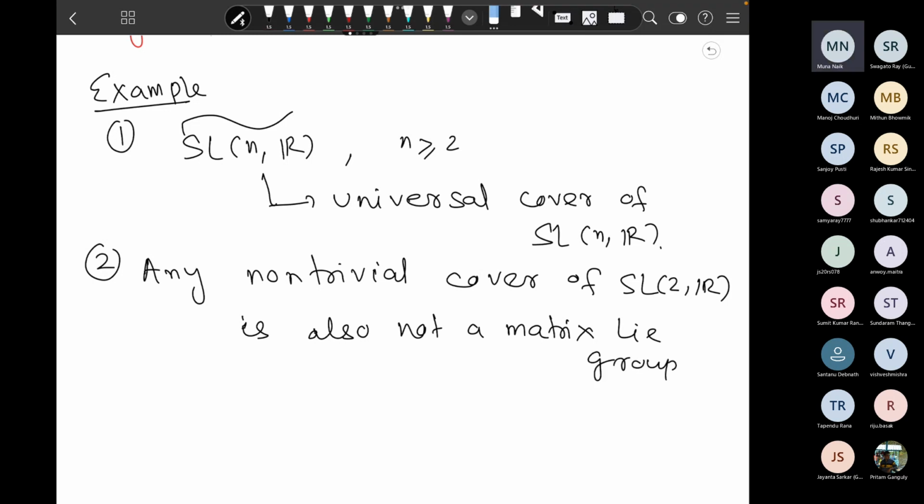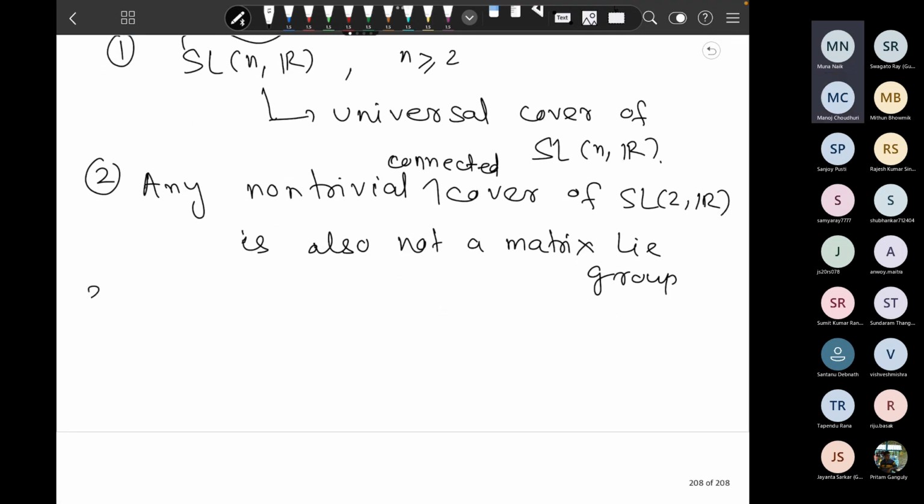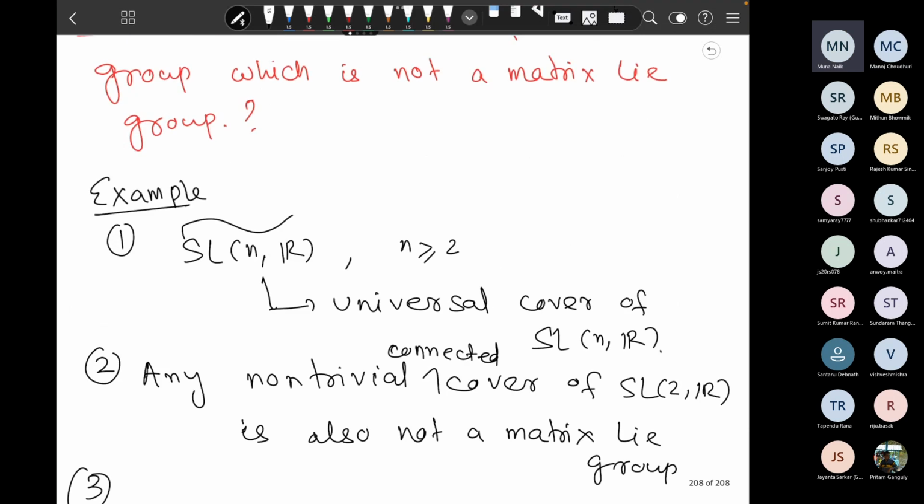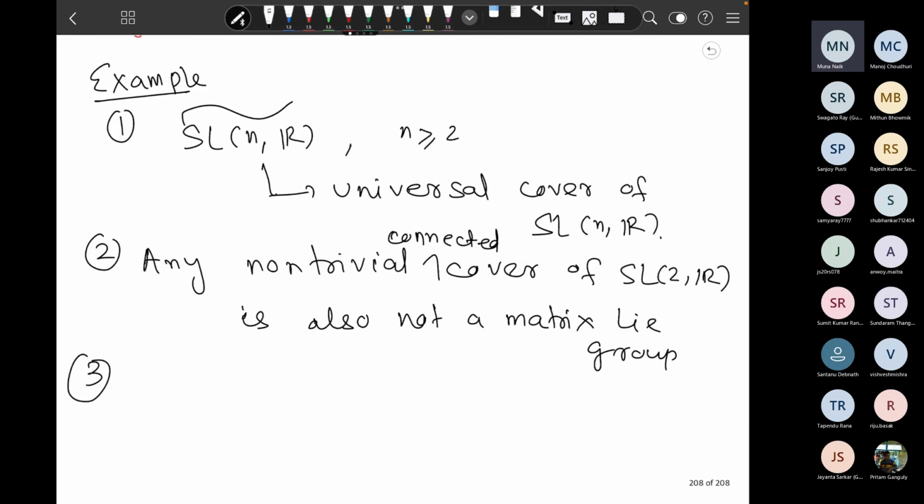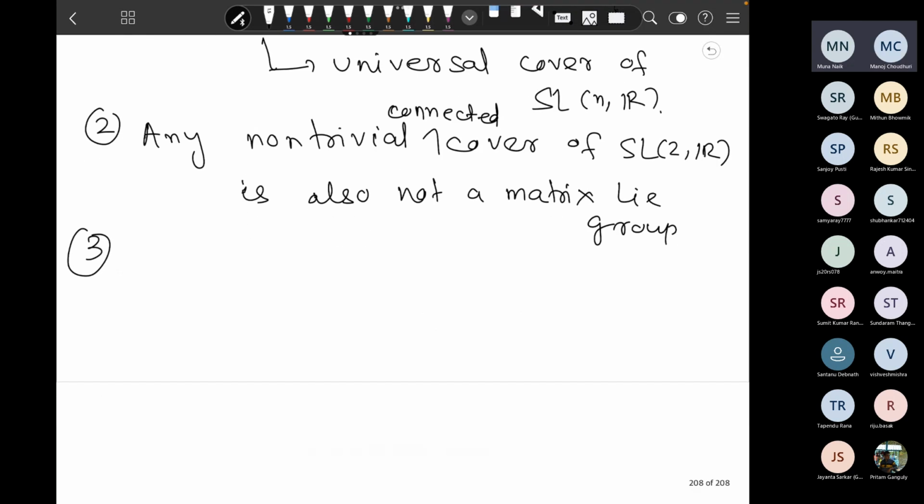Is there any simple way to write this group? Actually I do not know. There are some explicit ways to write SL2R tilde, but at present, I don't remember those things.